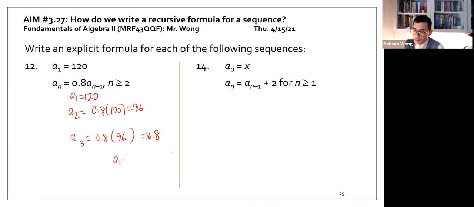So we can say that a sub n is equal to a sub 1, which is 120, times r, which is 0.8, to the n minus 1 power.